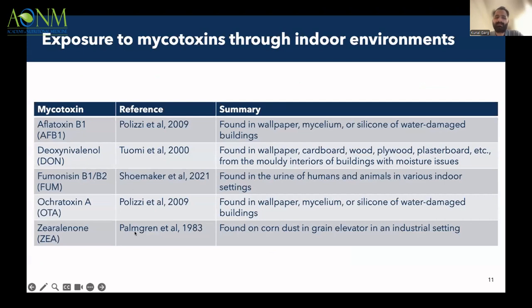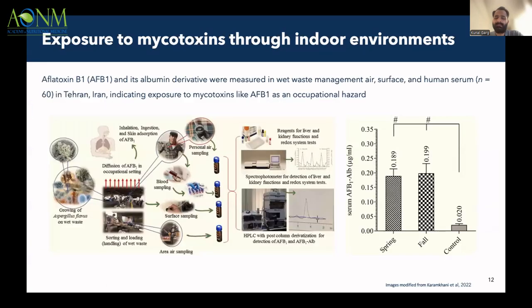Here are some papers to further show that in wallpapers, in cardboards, and in other places in the indoor environment, for example, in industrial areas with corn dust, you see different types of mycotoxins represented.